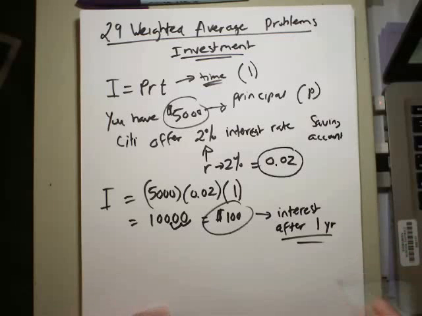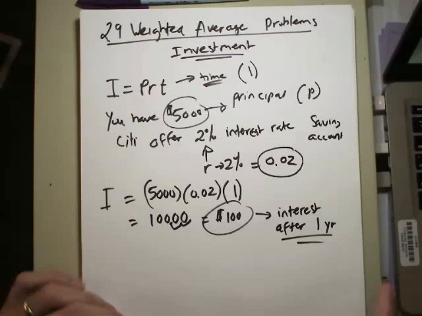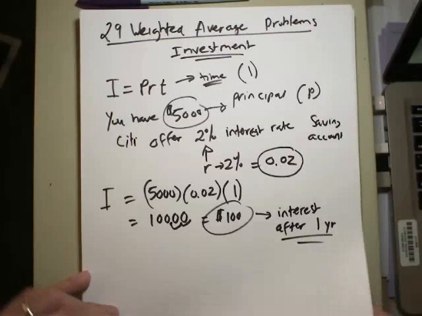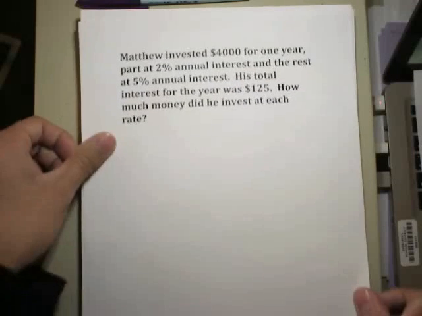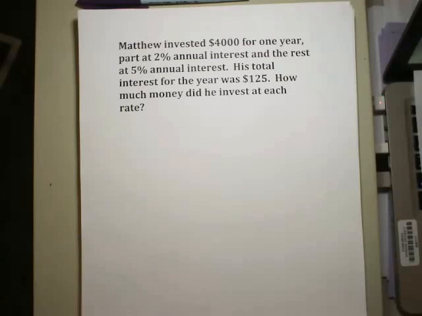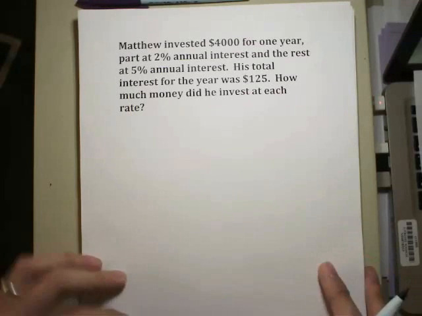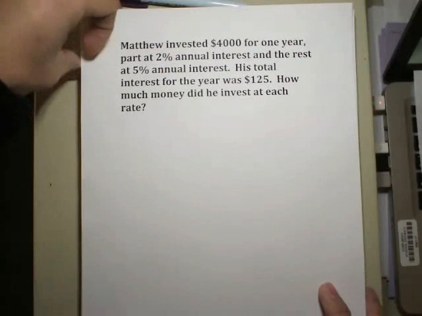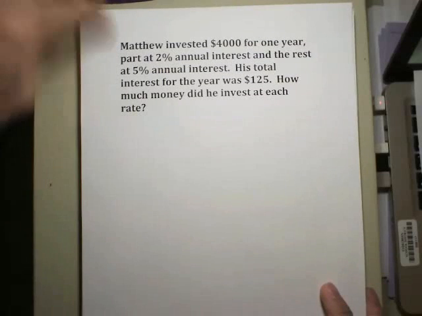Okay, so now that you get an idea on how to find the interest, let's take a look at our actual problem. Here we go. So Matthew here had $4,000, and he wanted to go ahead and invest this amount into not just one bank but 2 banks.